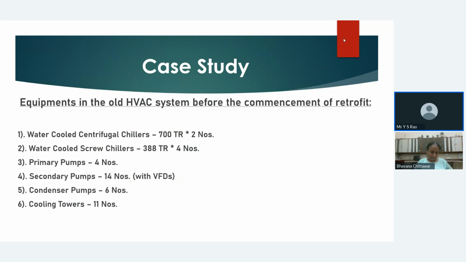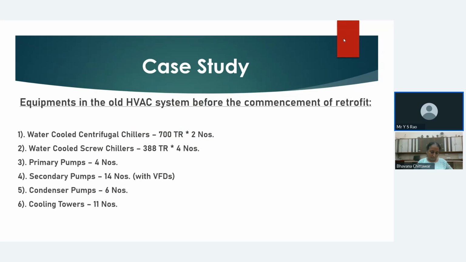It's as good as not having VFD. Just for the sake of eye washing, those dead VFDs were coupled to the pumps, which were completely inactive. Condenser pumps 6 numbers and cooling towers 11 numbers. Small cooling towers were installed there.